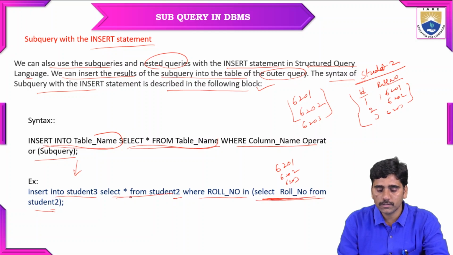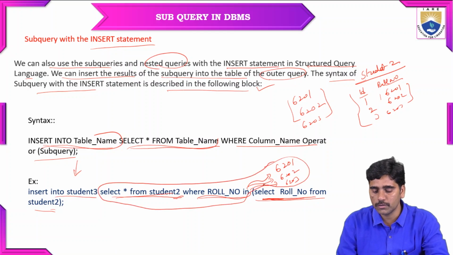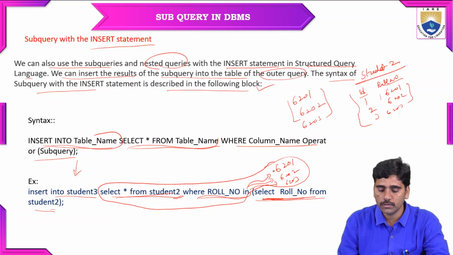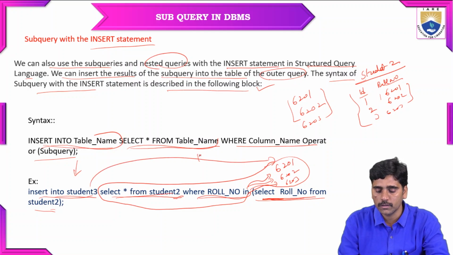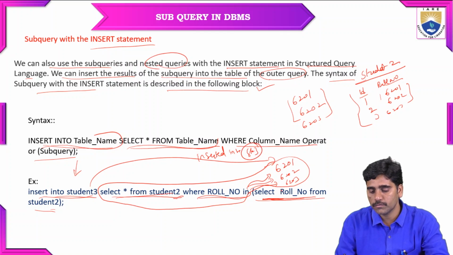Now select star from student 2 where roll number in (6201, 6202, 6203) displays all columns and all values. After displaying these values, insert into student 3: the result of this query will be inserted into the student 3 table. So the result of student 2 will be the inserted values for student 3.